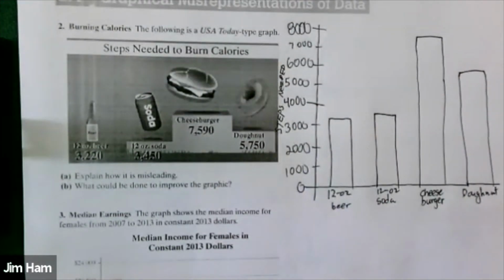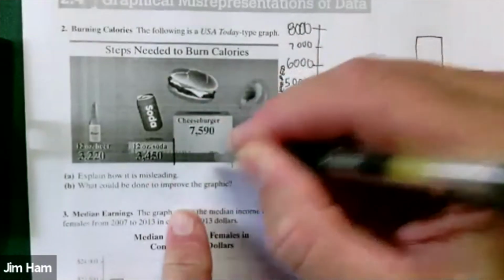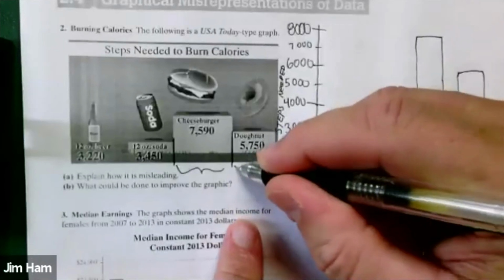So what's unclear about the previous graph, and another thing you'll notice, is that all the bars are different widths. For example, the cheeseburger's width is this, whereas the donut is only this.